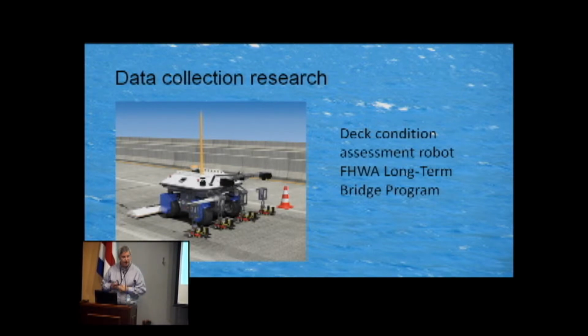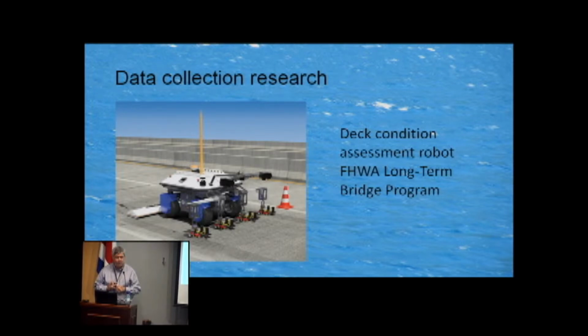Now, another kind of electronic data collection is this little guy, and actually there are quite a few different data collection devices like this, but this is probably the one that everyone is talking about this year. This is what is developed by the Federal Highway Administration Long-Term Bridge Performance Program, which is a long-term program to try to understand better how bridges deteriorate over time.